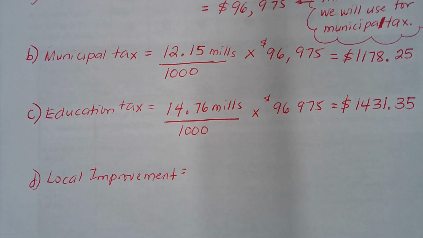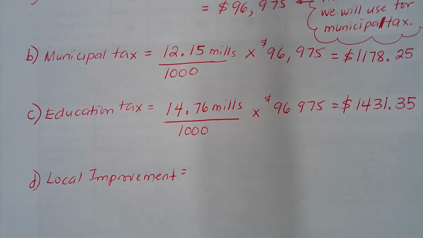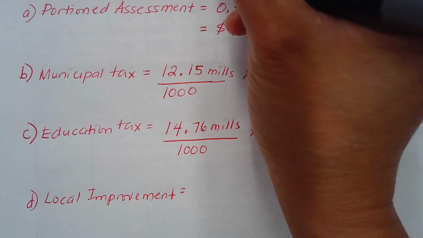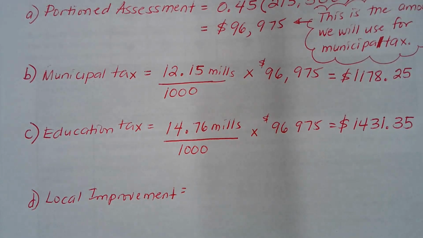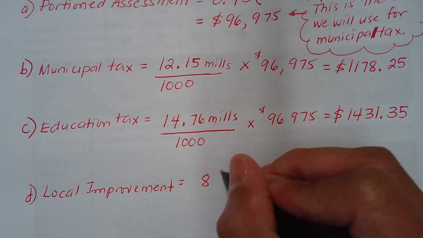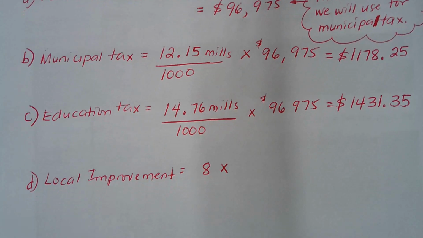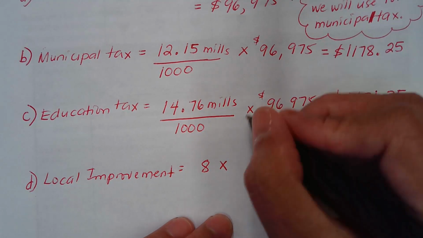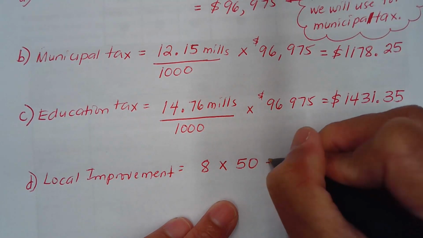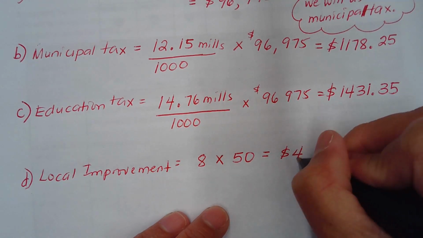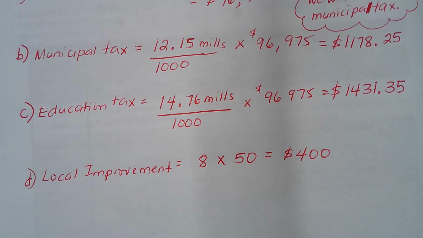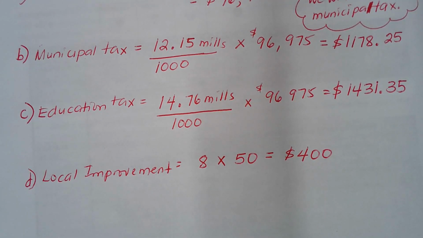Local improvement is based on how much per foot? $8 per foot. So it's going to be $8 times how many feet? It says 50 feet. So 8 times 50 is going to be $400. You can put just $400 or 400.00. Doesn't really matter because it's 0 cents anyway.